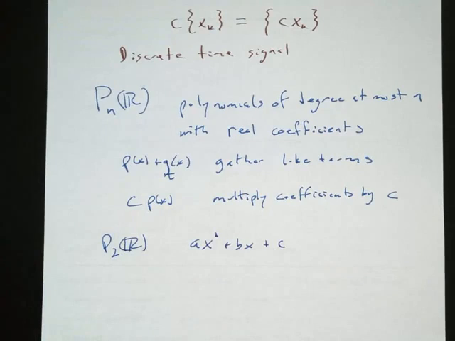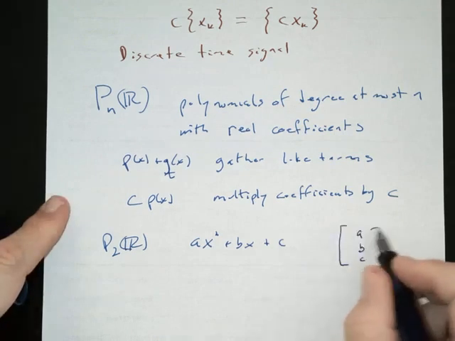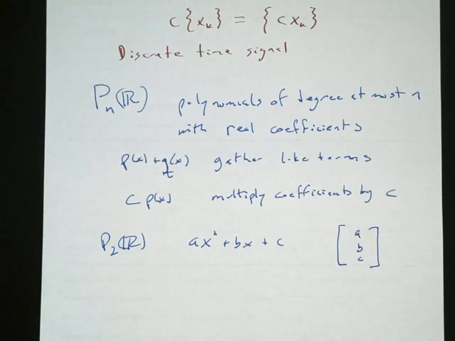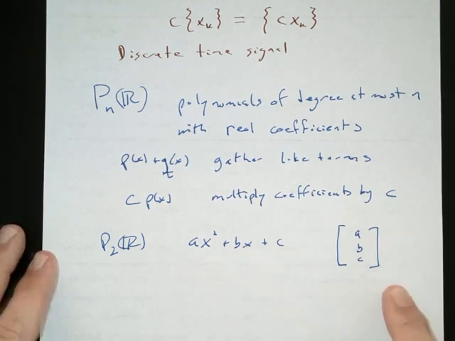This is what a quadratic polynomial looks like. So if I were to just give you a vector, doesn't that automatically give you a quadratic polynomial? I gave you A, I gave you B, I gave you C. That's a particular quadratic, isn't it? It's going to be ax squared plus bx plus c. There's no difference between me writing down this or writing down this.